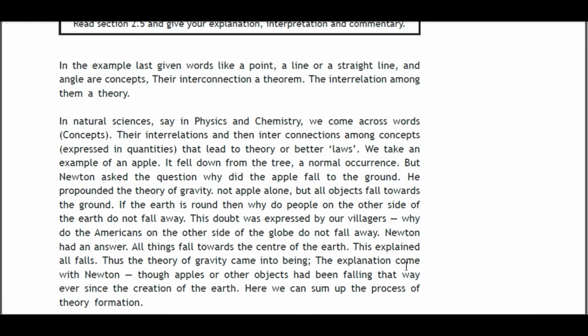The explanation came with Newton, though apples or other objects had been falling that way ever since the creation of the earth. Here we can sum up the process of theory formation.